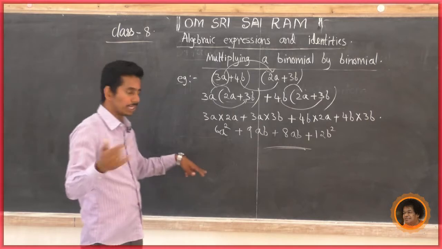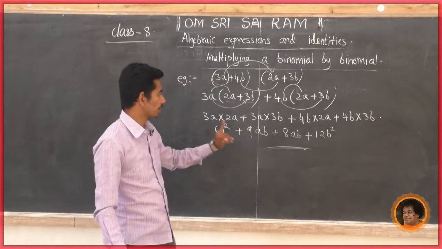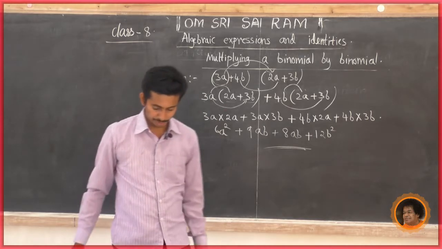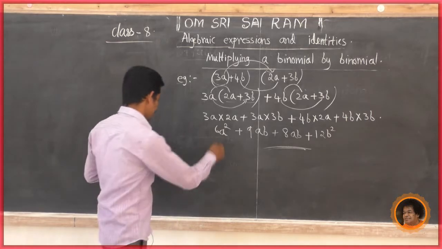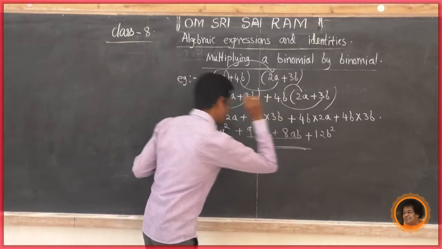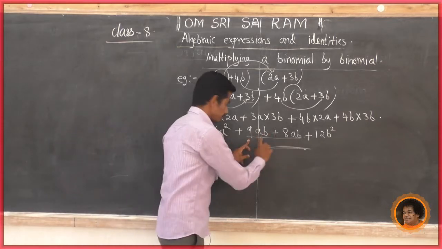So when we multiply these two binomials, we get the product as 6a squared plus 9ab plus 8ab plus 12b squared. Look at this, 9ab and 8ab are like terms.